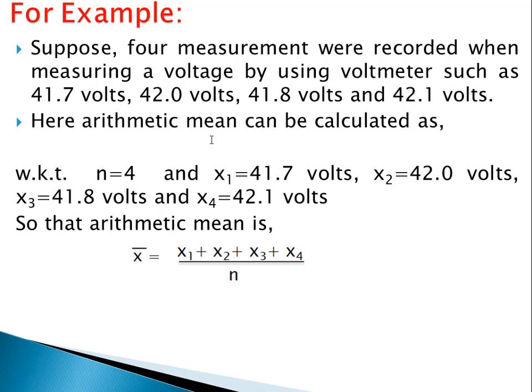I hope you all understood why I have written this equation, because in the given problem the total number of readings taken is 4, so the equation for arithmetic mean becomes x bar is equal to summation xn, where n is varying from 1 to 4, divided by n.